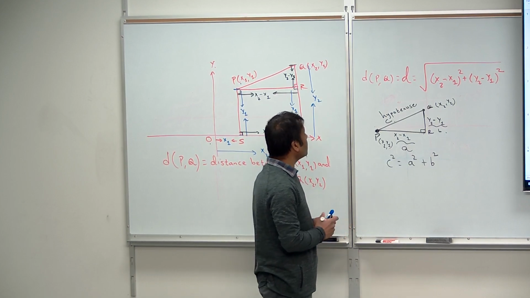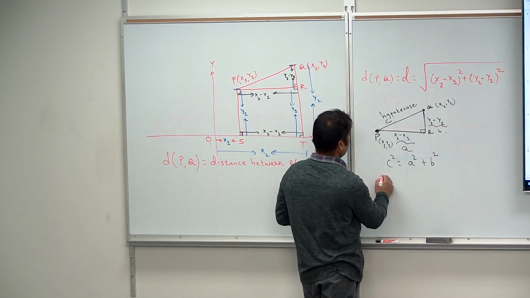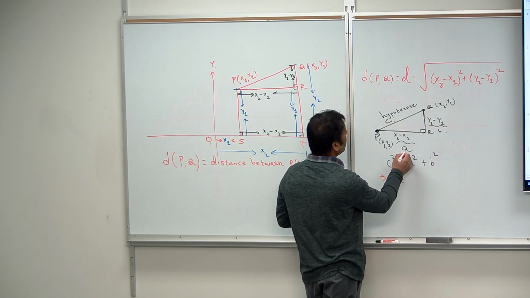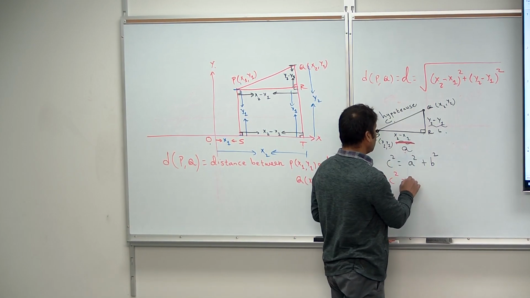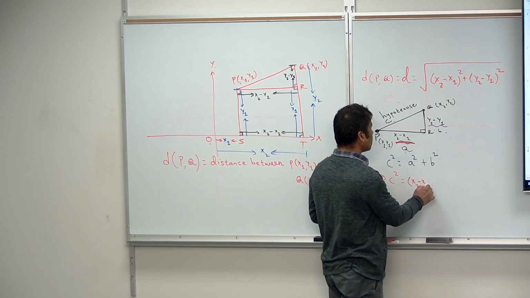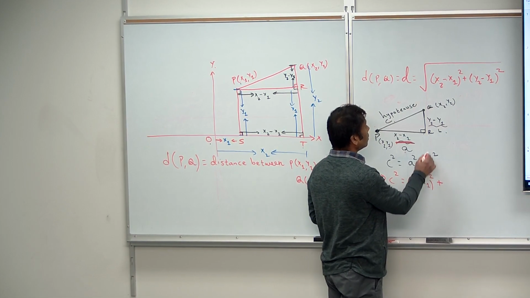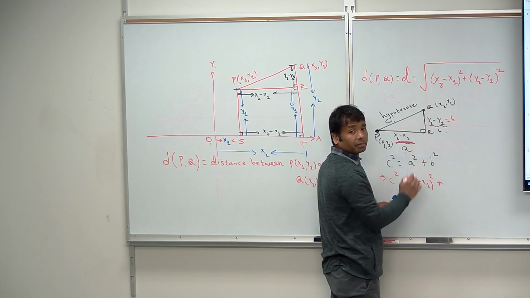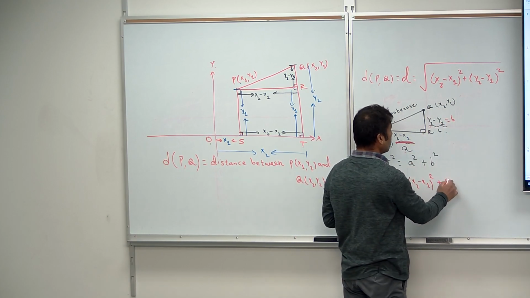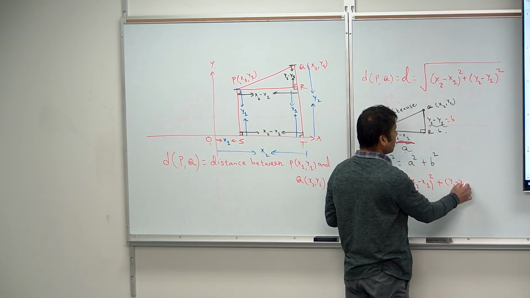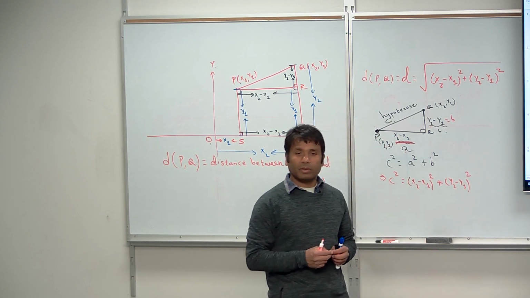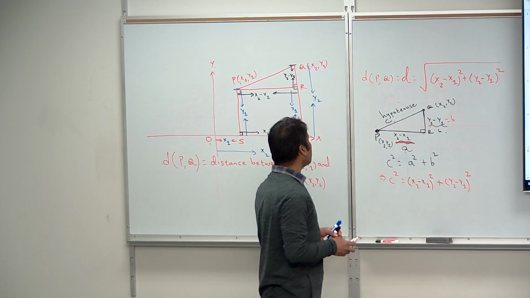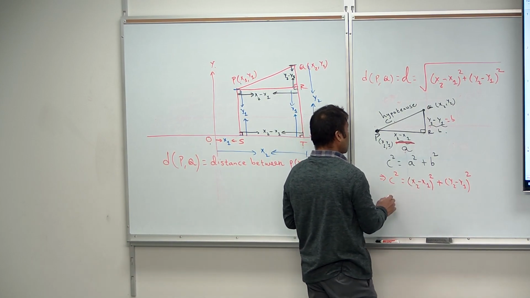So now the C square equals your A, which is x2 minus x1, so this is (x2 minus x1) square plus your B, y2 minus y1 square. You see that? So now C square equals this.